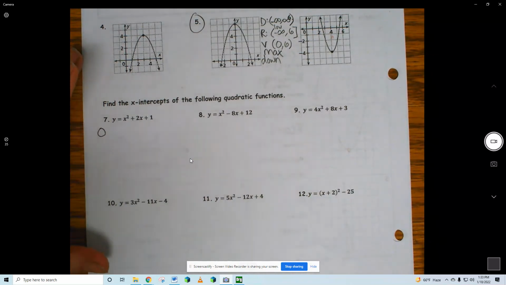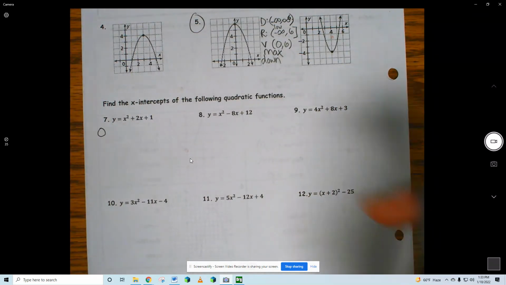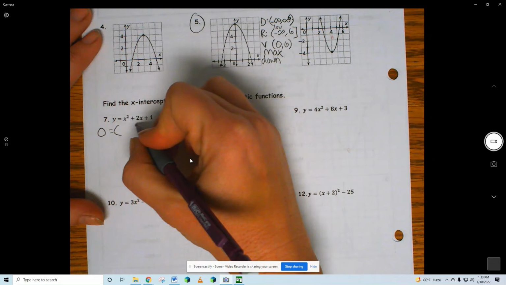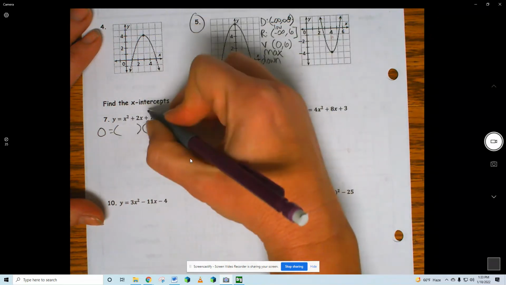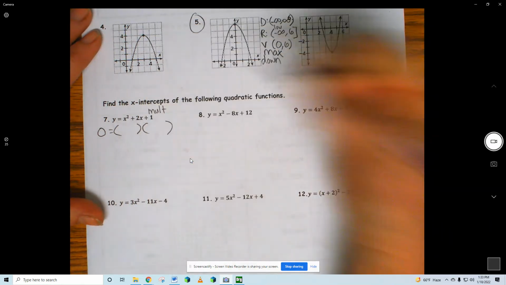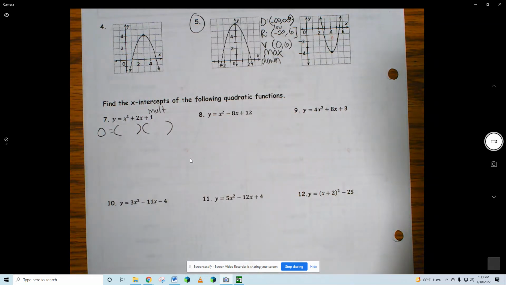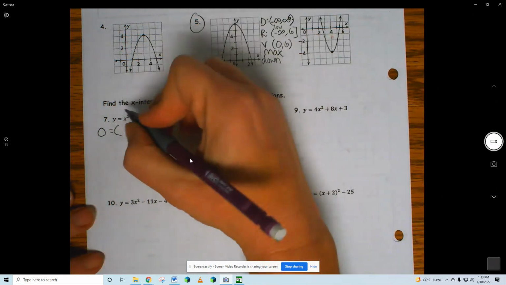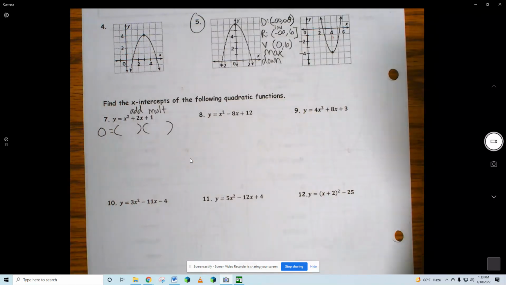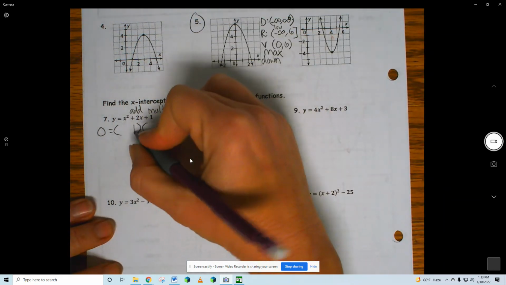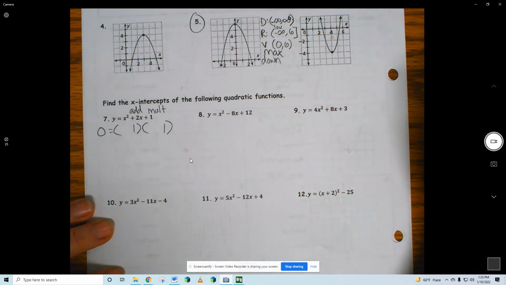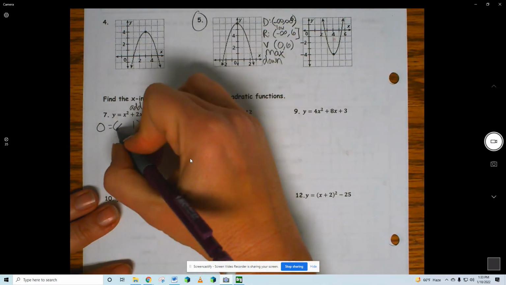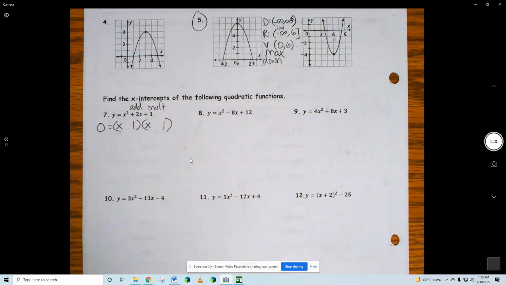Set this, instead of y, put a 0. What 2 numbers multiply to make a 1, but add to a 2? Go on mute. Both of you, go on mute. Okay, I multiply 1 times 1. Obviously, the only way that I can make x squared is x in the first positions.